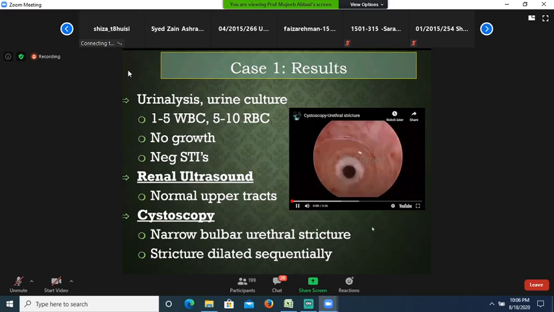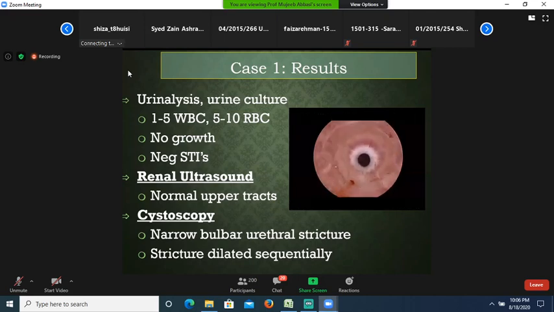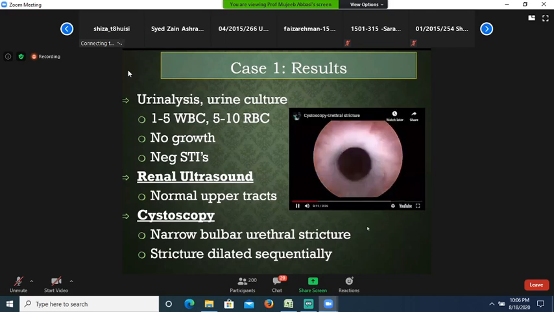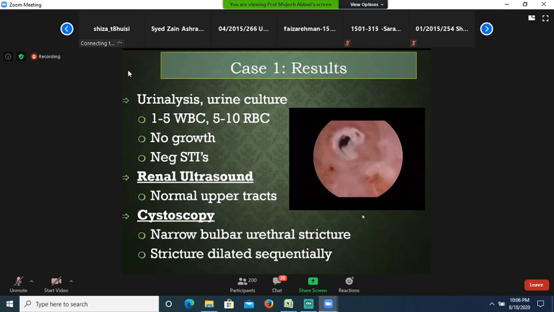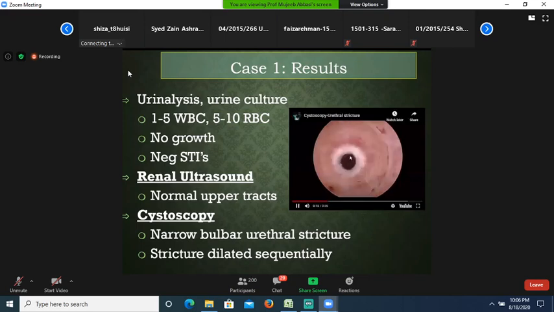Your scope should be able to pass through this one. If it doesn't, you see, when he's trying to push, the mucosal lining is being disrupted. If you push it hard, then you can rupture it, you can have bleeding, there will be issues. This is what it is suggesting.